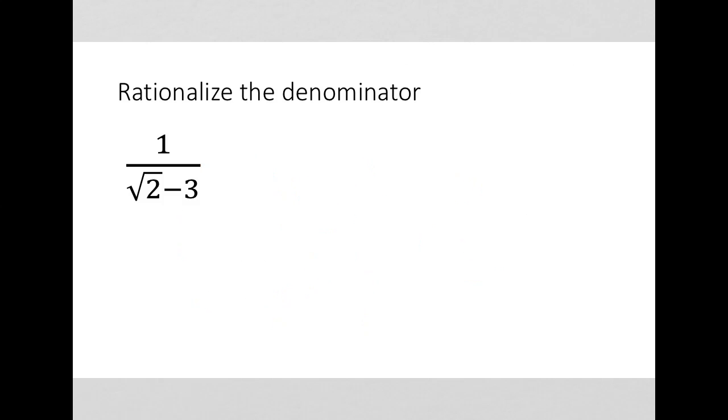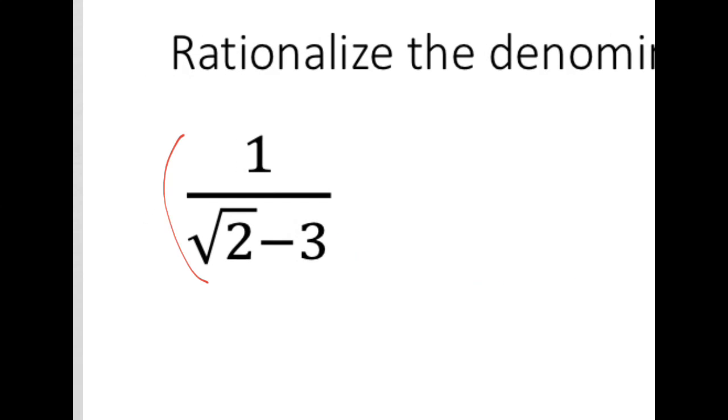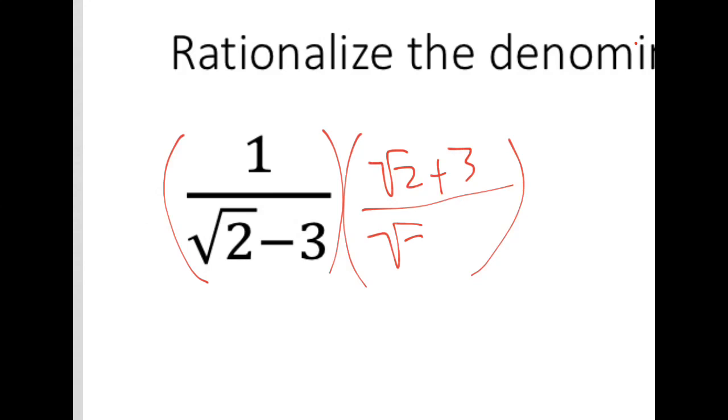Let's look at a slightly trickier one, 1 over the square root of 2 minus 3. Here I'm going to use the idea of conjugates like we did last unit with imaginary numbers, complex numbers. So I'm going to multiply by the square root of 2 plus 3 over the square root of 2 plus 3. Notice square root of 2 is the same, the 3 is the same, I just changed the minus to a plus.